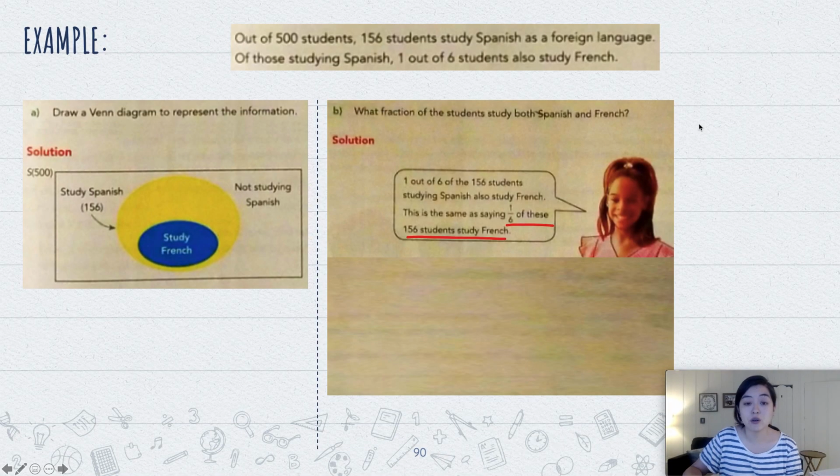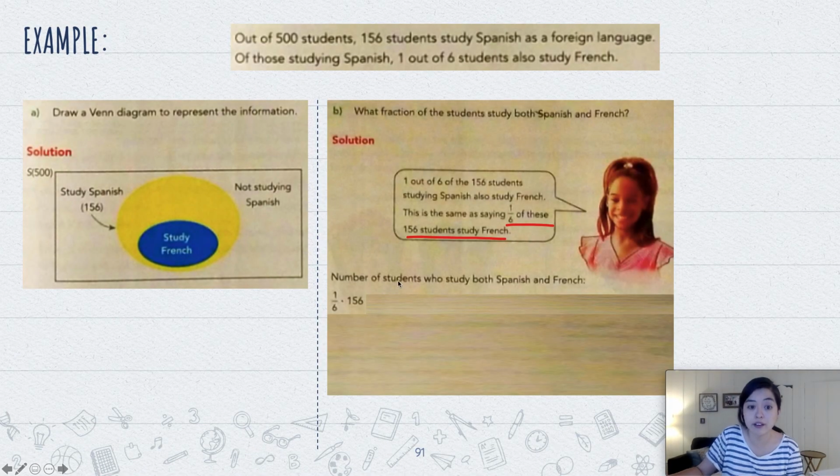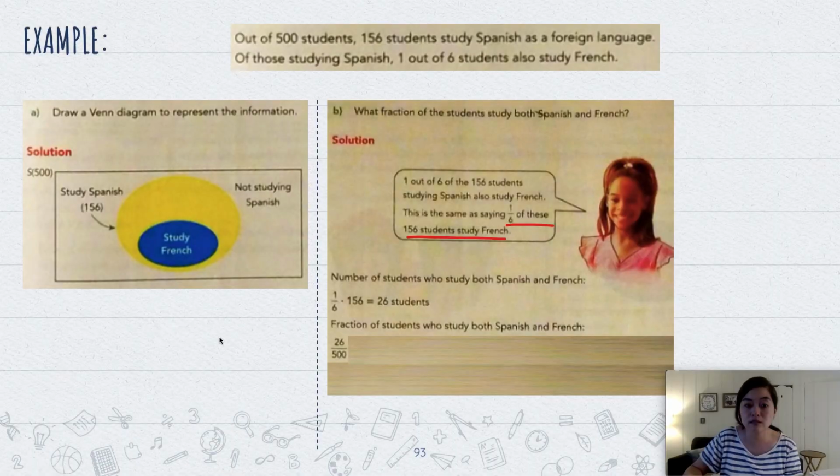All right, so now it says the 1 out of 6 of the 156 students who study Spanish here also study French. So this is the same as saying 1/6 of these 156 students study French. Now remember, of means to multiply, right? So 1/6 of 156 means 1/6 times 156, which is equal to 26 students.